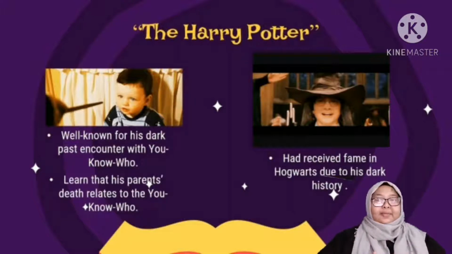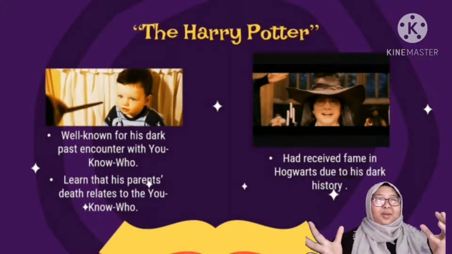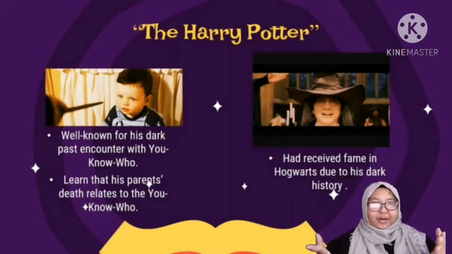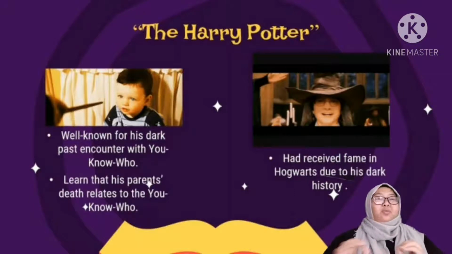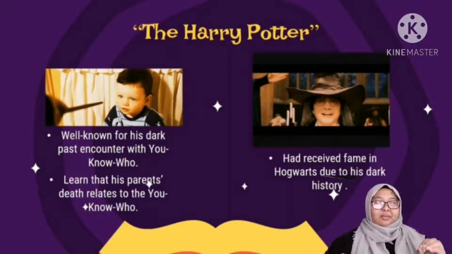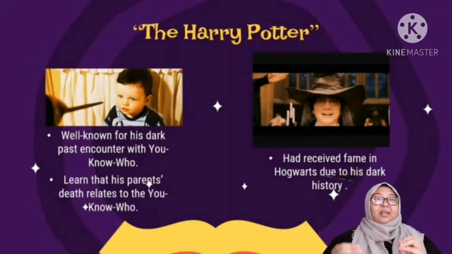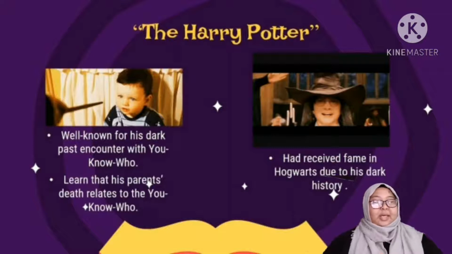Even though he had been receiving such favor from a huge icon, Professor Dumbledore, the principal himself, Harry did not ever once misuse the favoritism that he had received, but he maintained his modesty and his humbleness throughout the movie and text, so that proved that one of the main themes for the movie is humility, the value of humility.